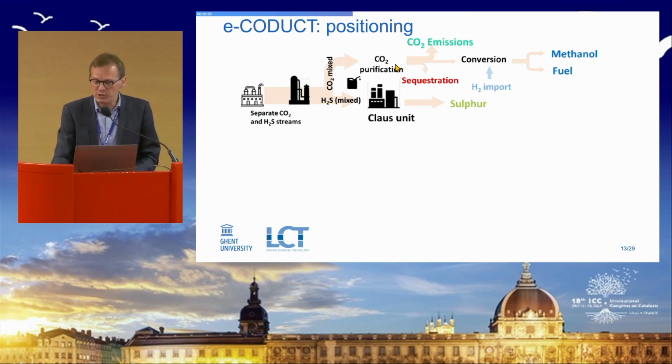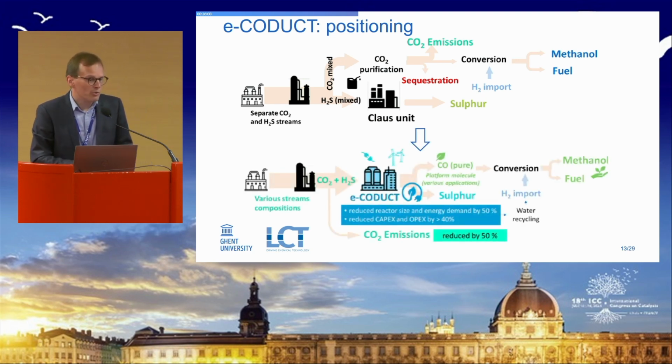The CO2 can then be further purified and, unfortunately, as of today, to a large extent is being emitted. Whereas the hydrogen sulfide, of course, cannot be emitted. It needs to be captured, and it holds economic value because the hydrogen sulfide is converted into elemental sulfur, which is a feedstock for the industry, mainly for sulfuric acid production.